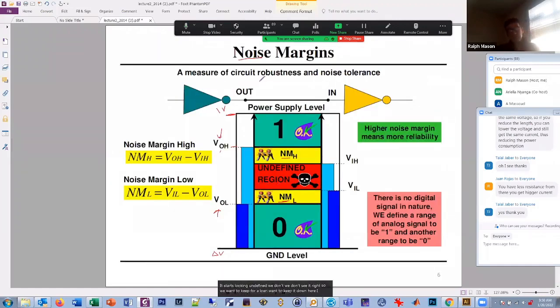Just realize I'm talking about 2 inverters, one inverter driving another. So actually, maybe it's better to draw in this picture. So let's say this output is coming out of this inverter, right? And it's coming out as a high here, and it's close to VDD, right?